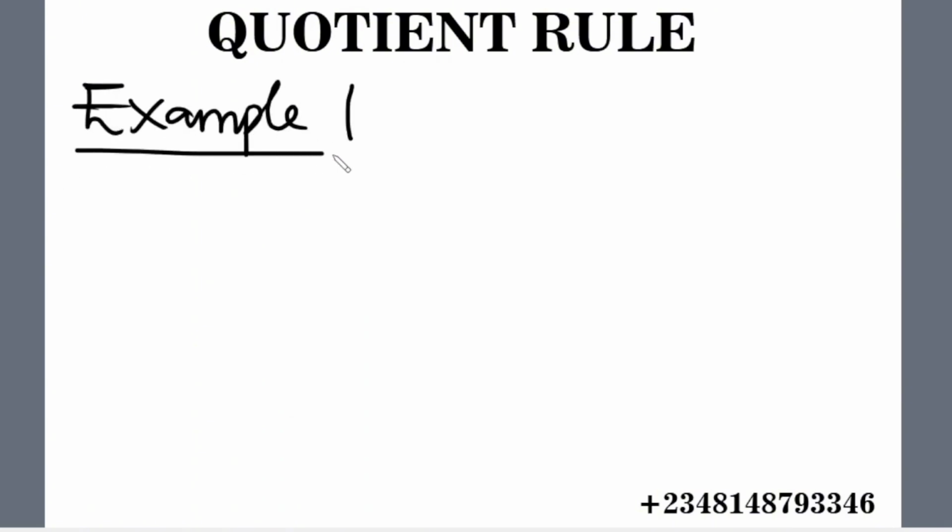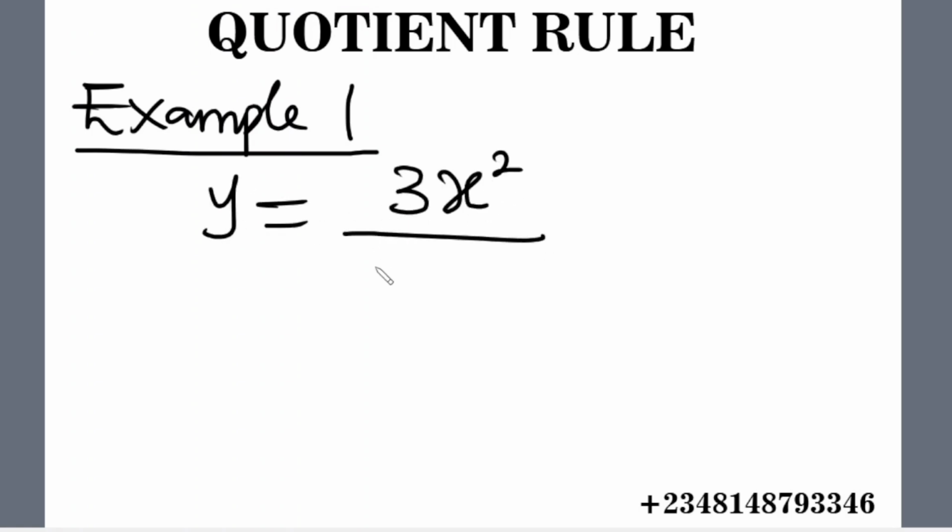Example 1. If y equals 3x squared all over 4x plus 2, and we are asked to find dy all over dx, or f prime of x, how do we go about it?